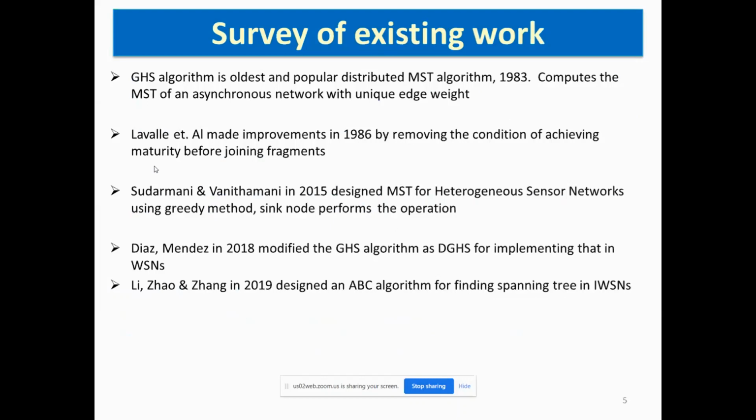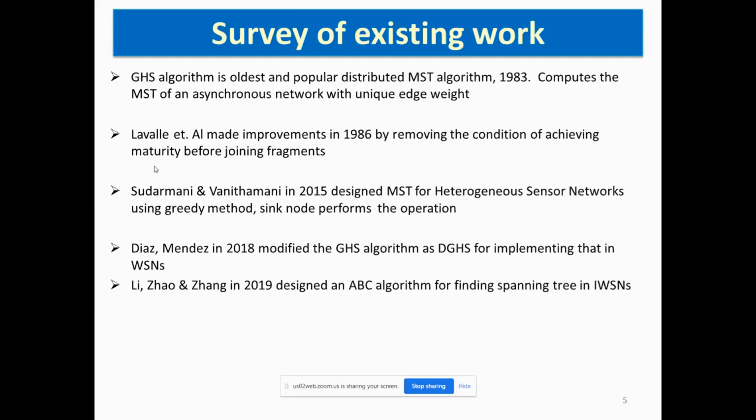But one problem with the GHS algorithm was that before merging more than one fragment, the fragments had to attain a level of maturity, or else we couldn't join them.